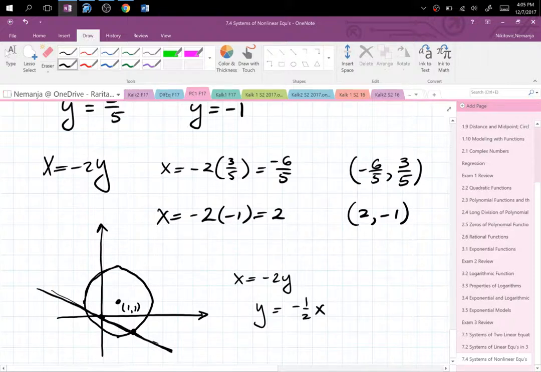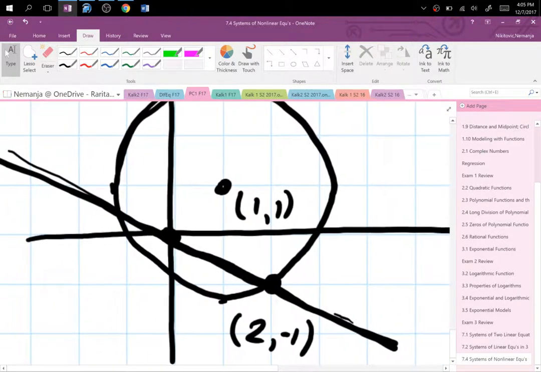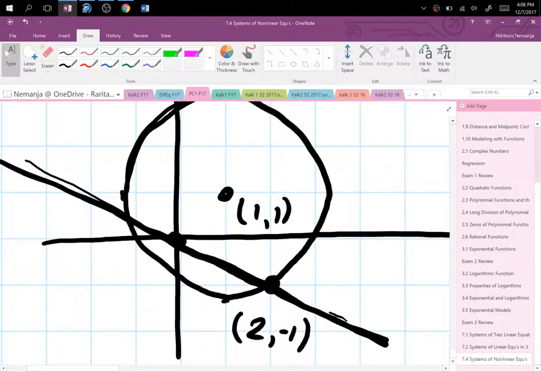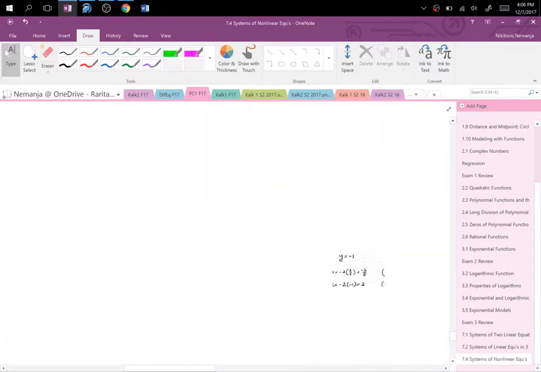I actually did a pretty good job here, because you can see the (2, negative 1) point. You see how the intersection fell right where it should be. And the second one works as well.